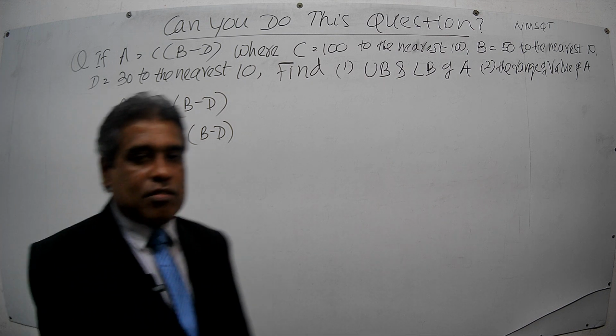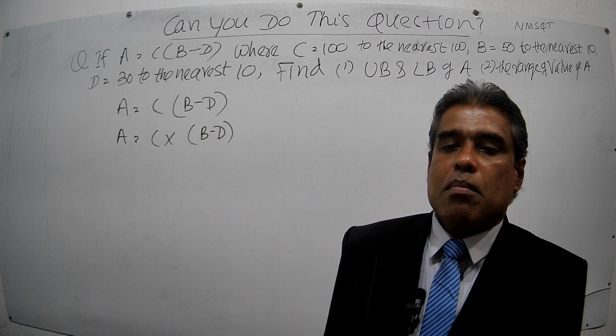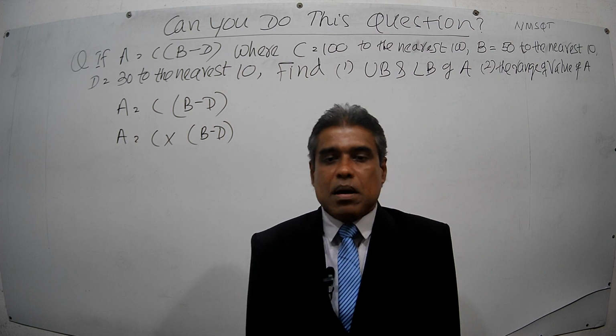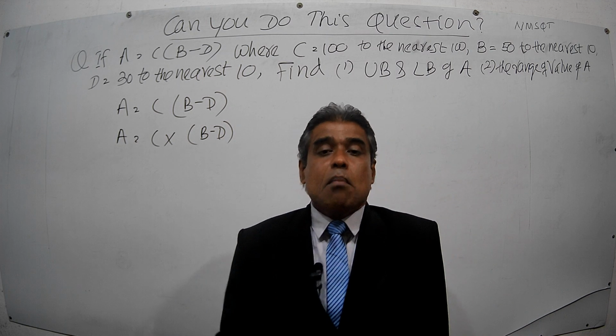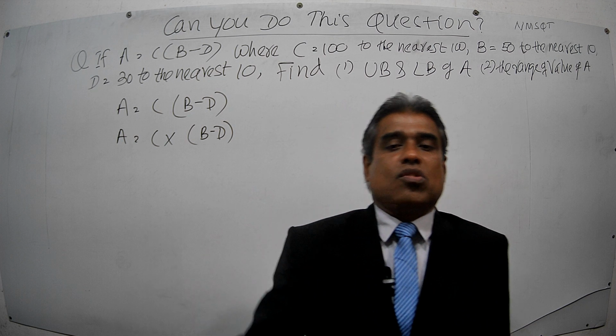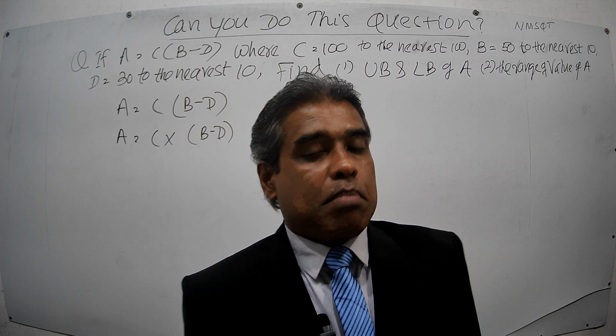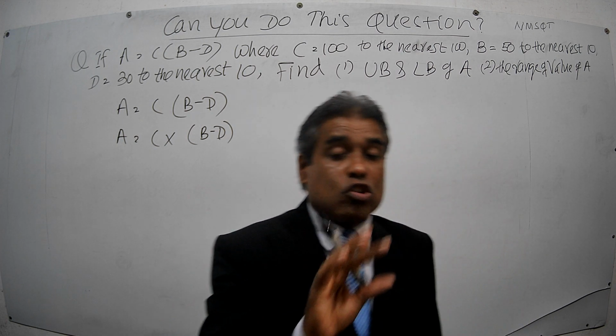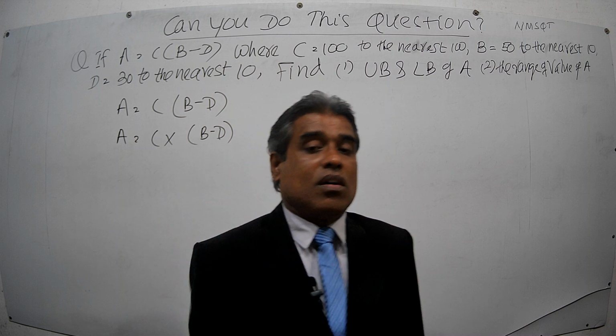We already know how to find the upper bound of a product. Upper bound of a product equals the product of the upper bounds of the numbers multiplied.